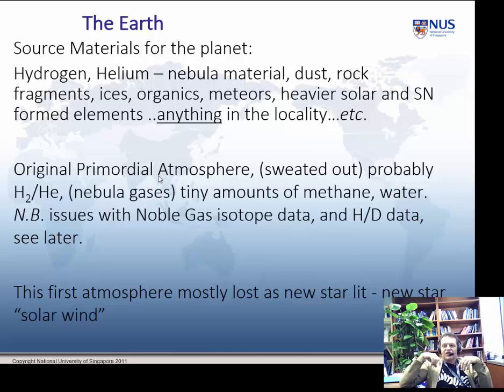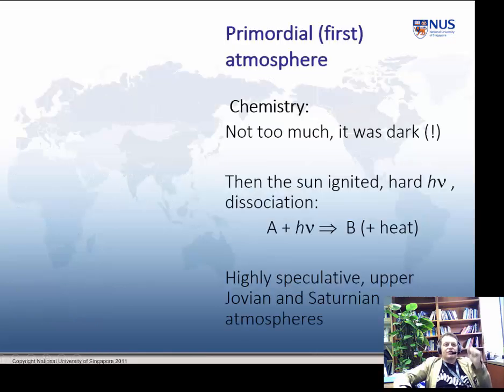It's called the solar wind. And our first primordial atmosphere effectively got blown away by these charged particles. So we lost it as our new star lit. So the solar wind, unfortunately, well, actually, very fortunately, blew it away.